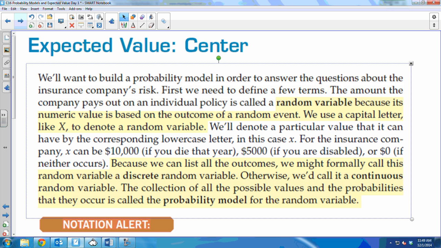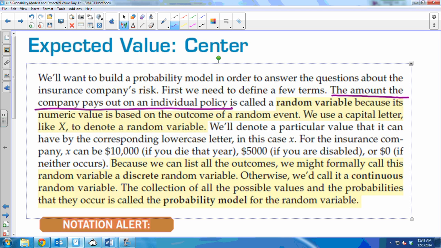All right, so we're going to talk about the insurance company, and I've got a lot of vocabulary to throw at you. All right? We're trying to figure out the amount the company pays out on an individual policy. So if there's 10 of you sitting in here and you all have the same insurance policy, they're talking about paying out to each of you.